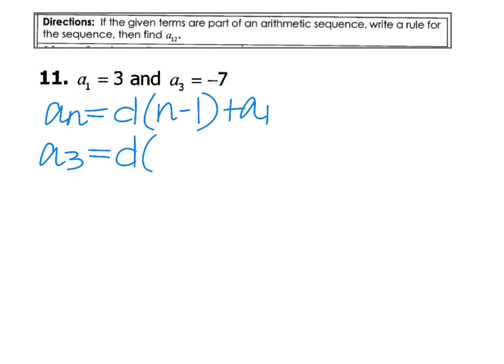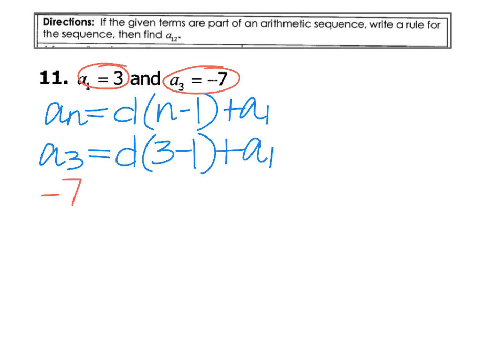If we're using our third term, that means n equals 3, so 3 minus 1. And we're going to be using our first term as well. Now plug these numbers in. So we plug negative 7 in for the third term, or A sub 3, and plug in 3 for A sub 1. Copy everything else down.